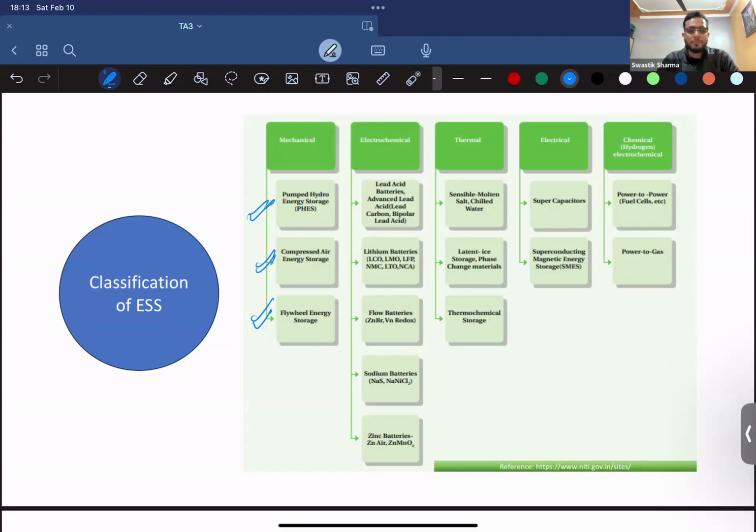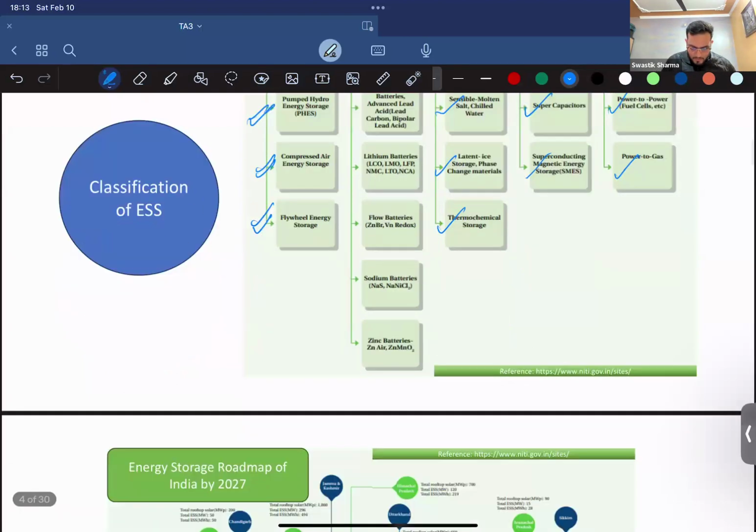I'm just giving you a brief overview of what are the different kinds of energy storage systems or mechanisms or mediums. Then came thermal, where you had sensible molten salt, chilled water, then latent ice storage, thermochemical storage. Electrical, you have supercapacitor or superconducting magnetic energy storage. Then chemical came power to power and power to gas.